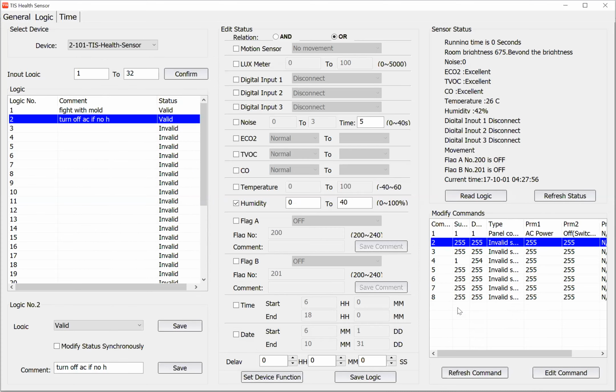Okay, clear? These are two very good logics.